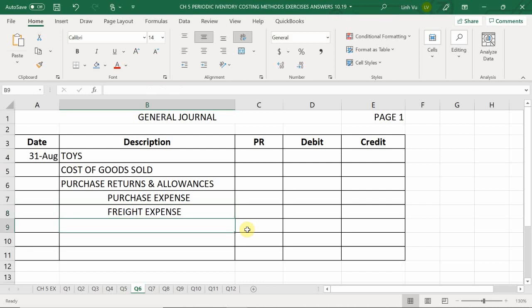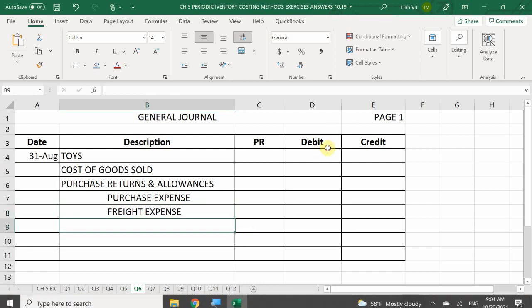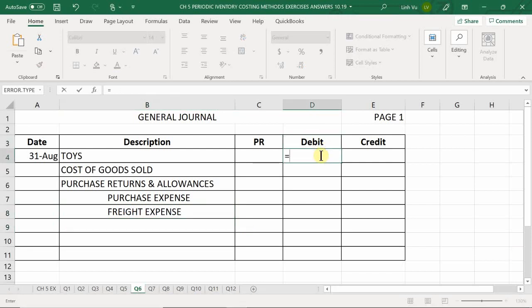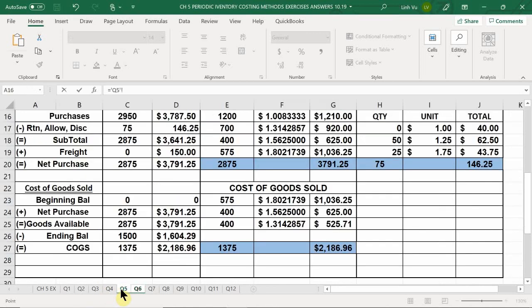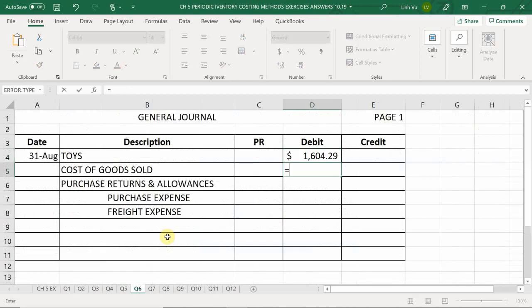Okay, so let's go through each value. What is the total value of my ending inventory? $1,604.29. Right? Ending inventory or ending balance right here, total value. Okay.